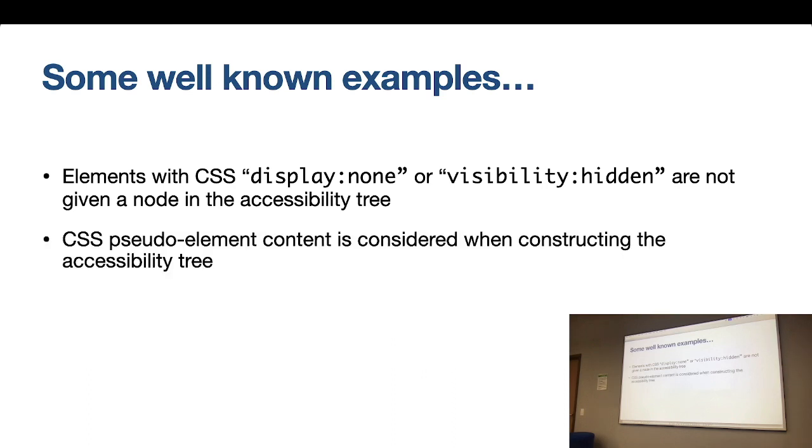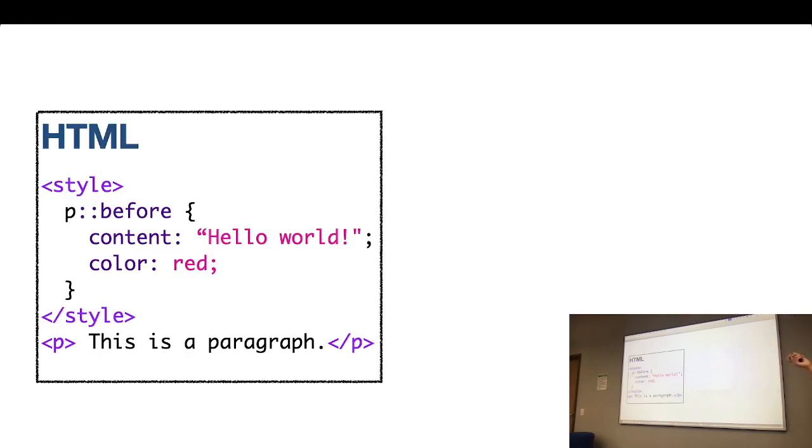Another example is that CSS pseudo element content is quote unquote considered, whatever that means, when generating this data structure. And if you don't know what a pseudo element is, it's basically a fancy way of styling an element, right? So for example, let's say we have a paragraph that just says this is a paragraph. Then you can add a style that says, I'm going to add a before pseudo element. I'm going to have it have content hello world, and I'm going to style it red.